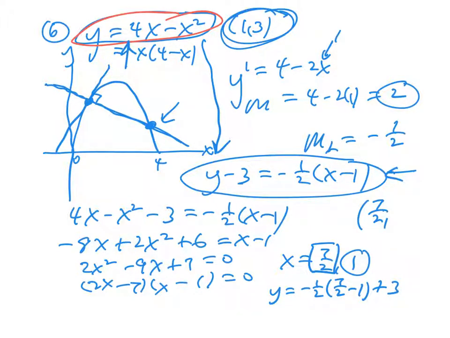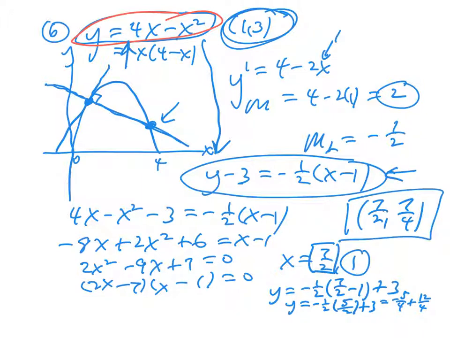So what would that be? Y equals negative half times 5 halves plus 3, which is negative 5/4 plus 3, which is 12/4. So then you get 7/4. Kaboom! I think we'll be seeing that one on the test.